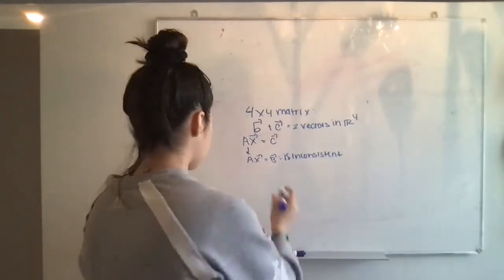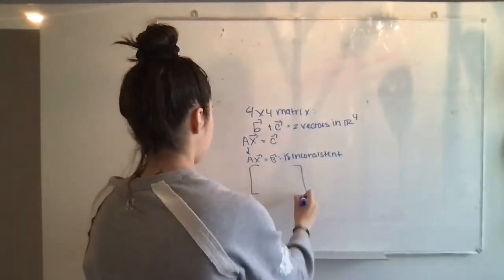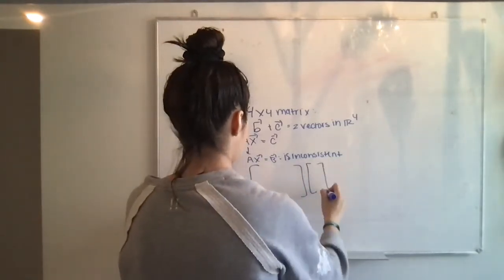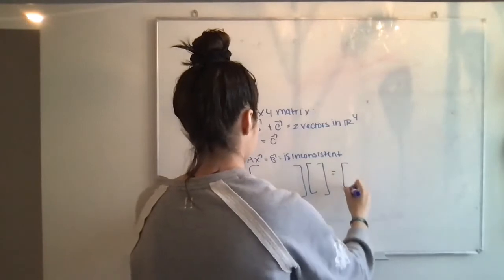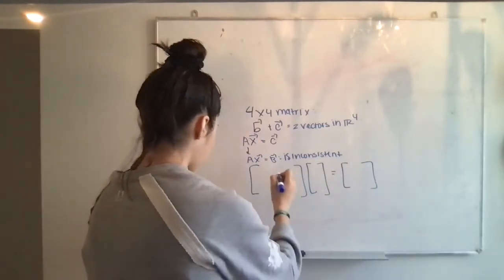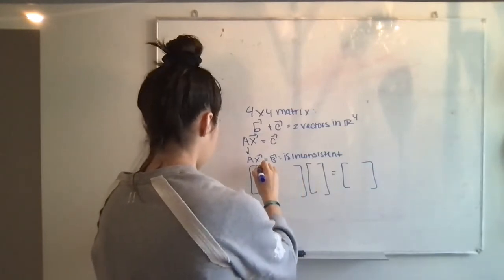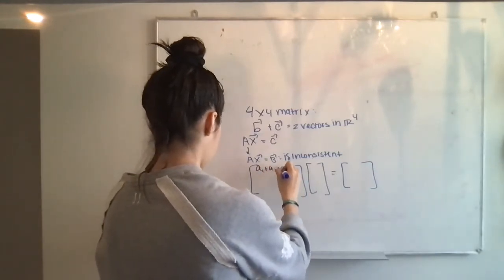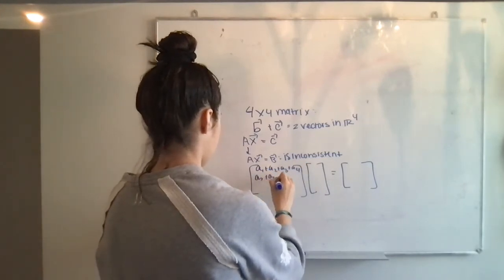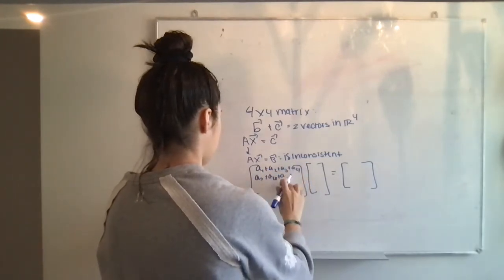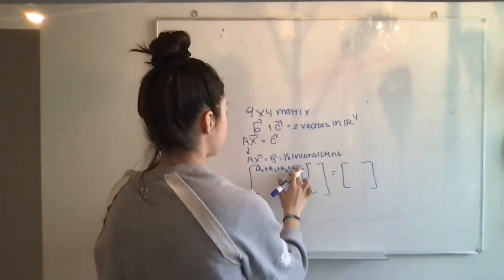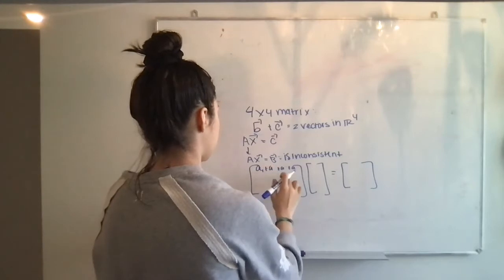So the way that I set this up is I've got a 4x4 matrix times X, which is 4x1, equals B. Actually, I'll do these in proper notation just for the sake of consistency.